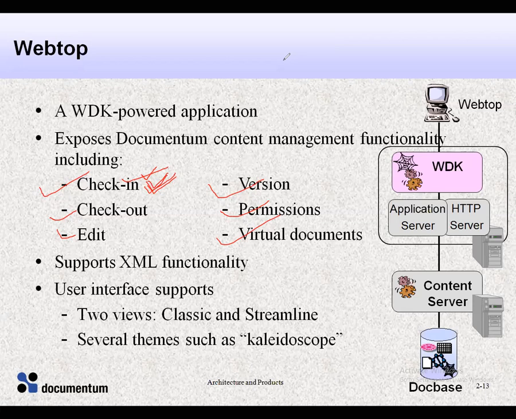There is another function, edit. In checkout we are downloading the document to a particular place, but in the case of edit, it downloads and opens as a pop-up so that you can immediately work on that document and modify it.